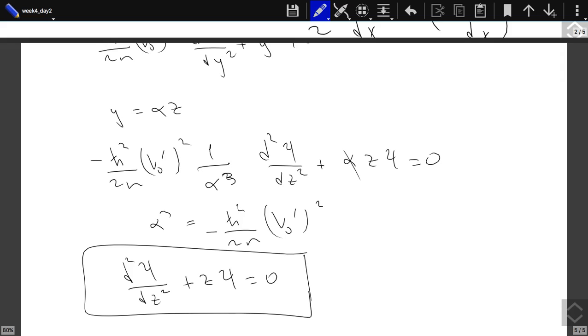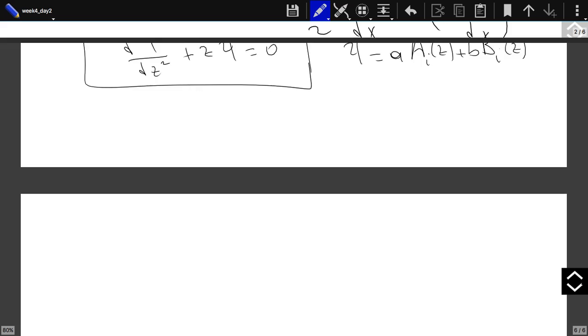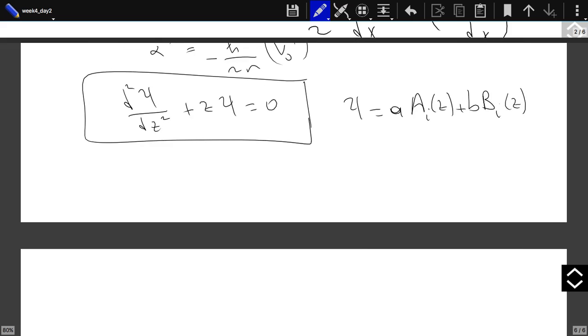We know the solutions of this one? Well, these are the Airy functions, and there are two of them. One is called Ai. The other one is called Bi. We have two solutions. And if you look at their shape, can you guess their shape?